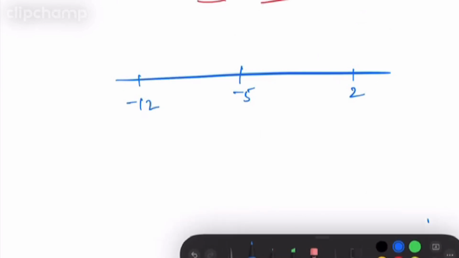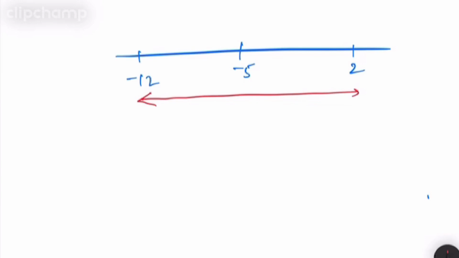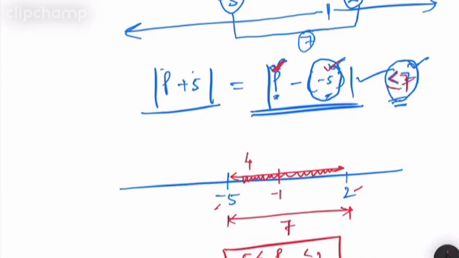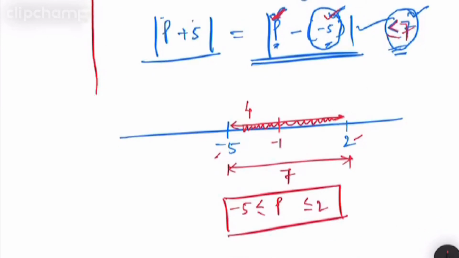Any value from minus 12 to 2 will satisfy our requirement. Therefore the value of p will vary from minus 12 to 2. These steps are just to illustrate and to make the point clear.